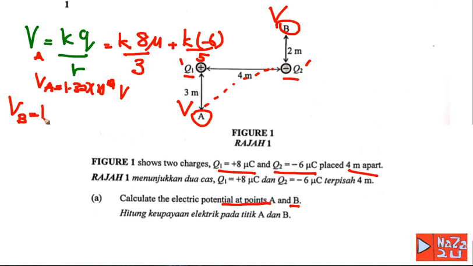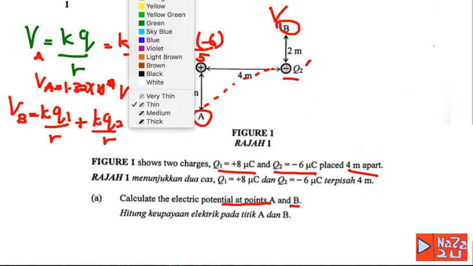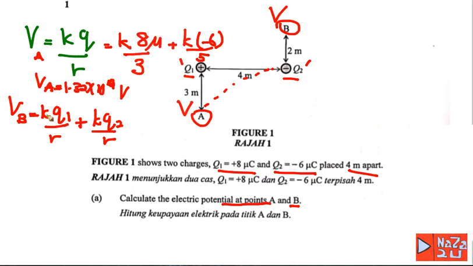So for the Q1 distance plus Q2 distance, K is the constant. This K here is 9 exponent 9.